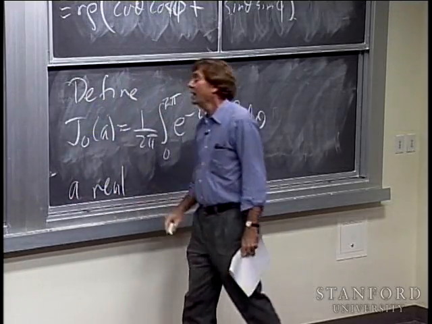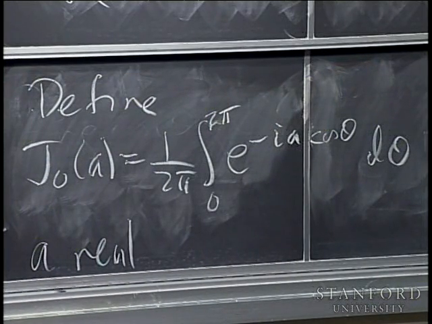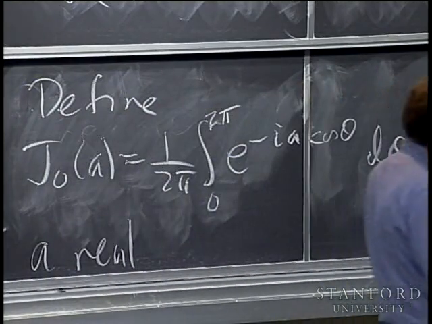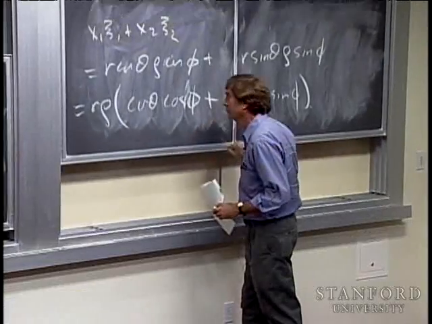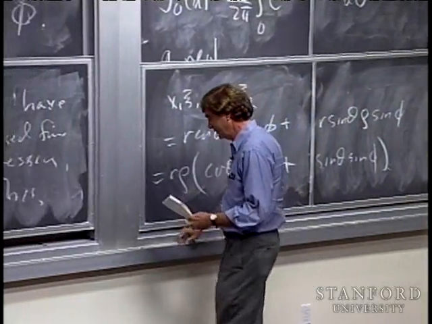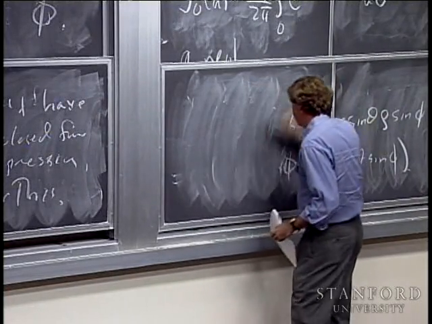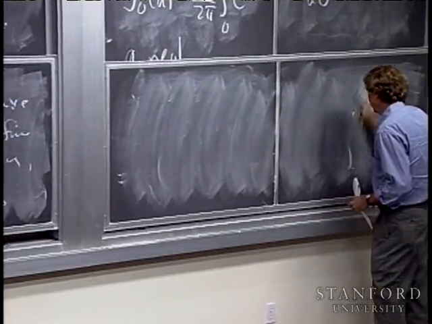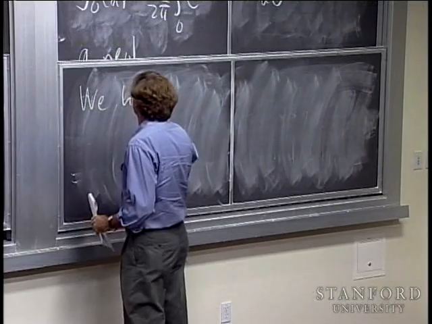All right? And you can see that what I have here is a version of that. I have 2 pi and I have minus 2 pi r rho and so on. All right? This is called, all right, well, so then the integral that I have, so we have, what do we have?